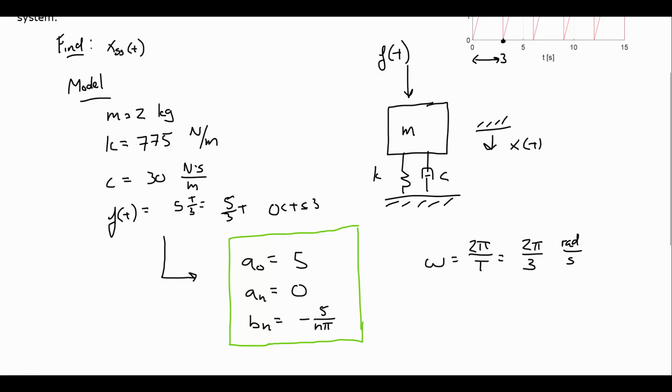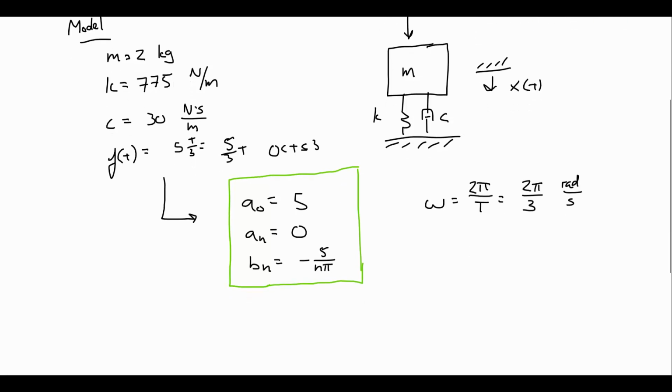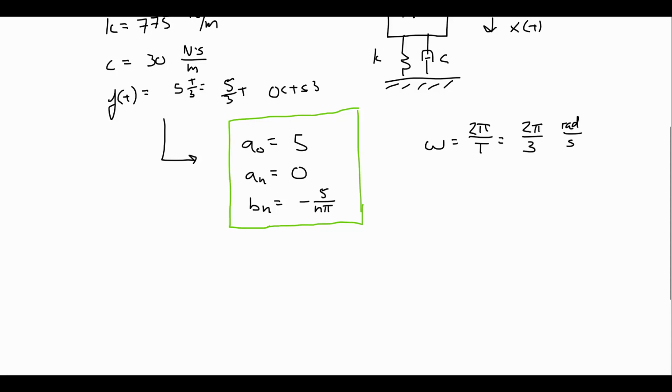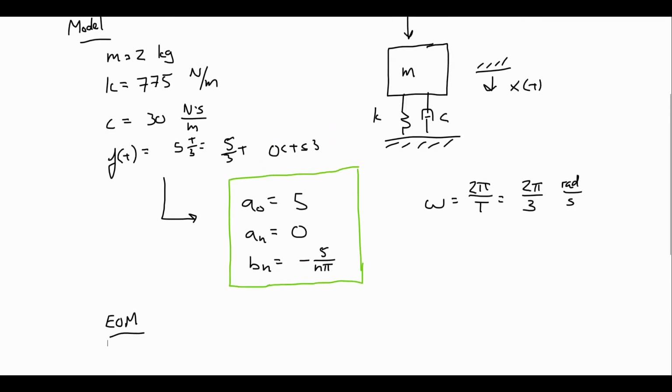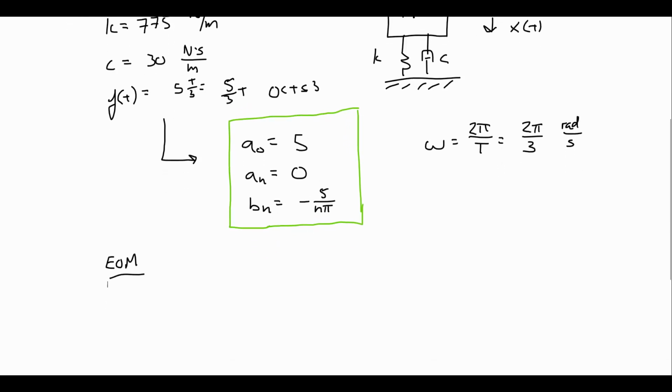Now with our f of t defined, or done the Fourier series expansion of, we can put together our equation of motion. We already know it's this simple 1 degree of freedom spring mass damper system, and we know the m, the c, and the k, so we can link that all together. We're going to have m x double dot plus c x dot plus k x equals some general f of t, and now we'll expand on that, and we'll put in the values we already know.